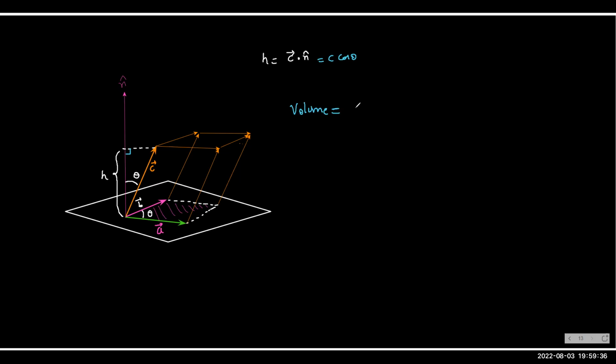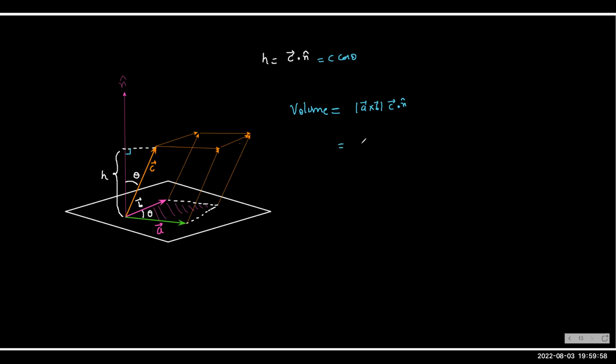The area of the base, which is mod of A cross B, into vertical height. Can we write like C dot n cap? Can we write like this, guys? Tell me yes or no.